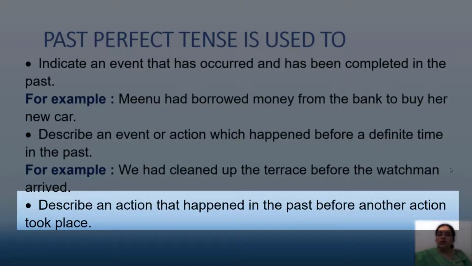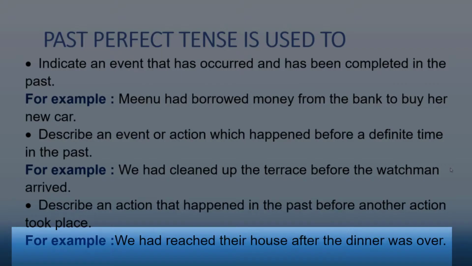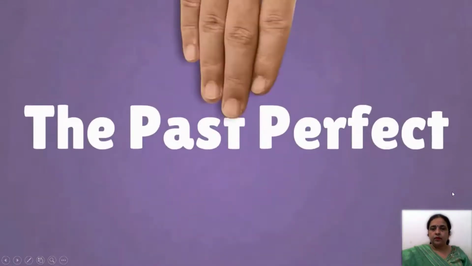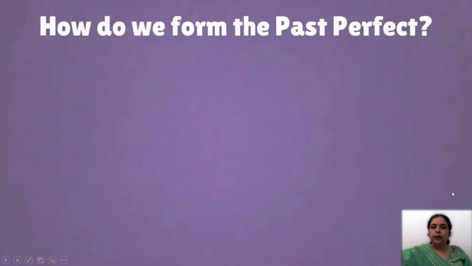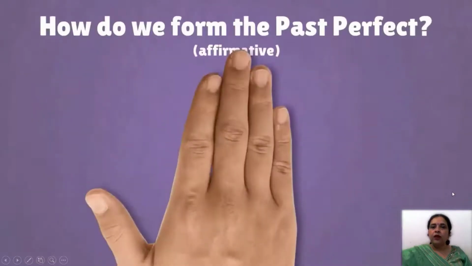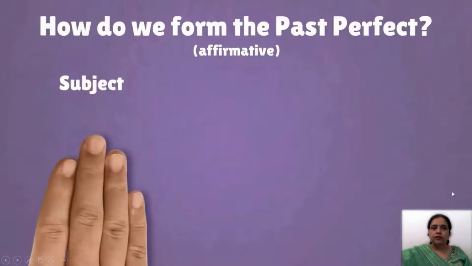Next use is to describe an action that happened in the past before another action took place. For example, we had reached their house after the dinner was over. Now let's see how to form past perfect tense. Past perfect tense in affirmative sentences.